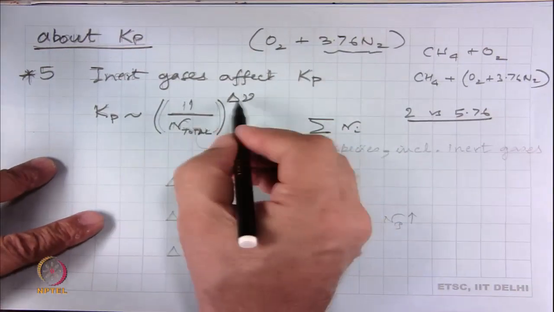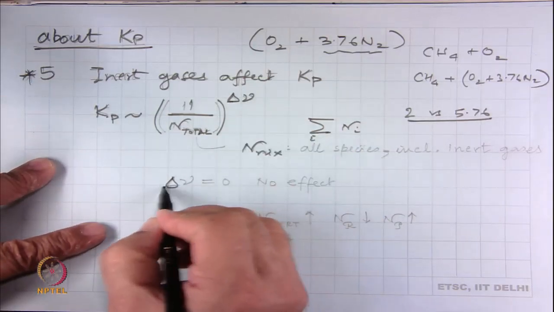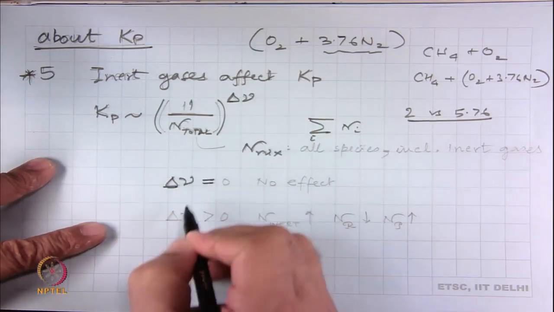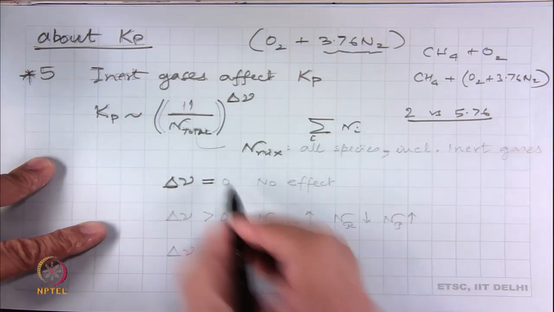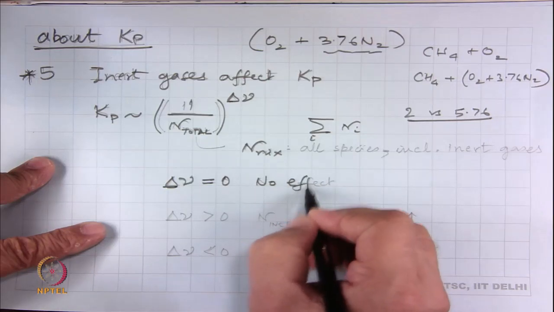And what will happen in this case is it is raised to the power of the same delta nu, the difference in product and reactant stoichiometric coefficients. If delta nu is equal to 0, the presence of inert gas has no effect.